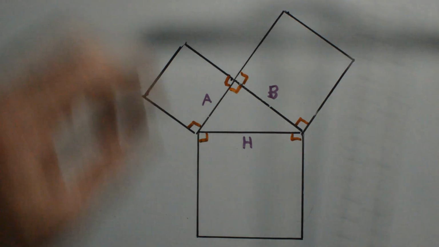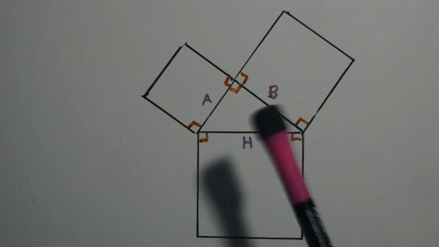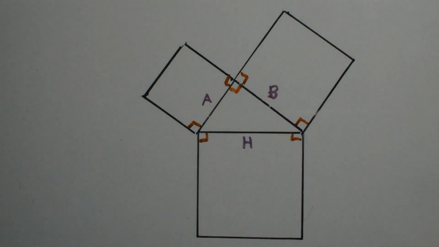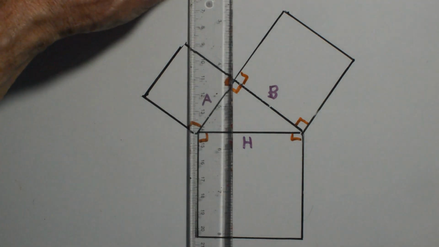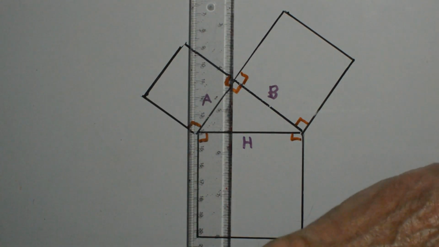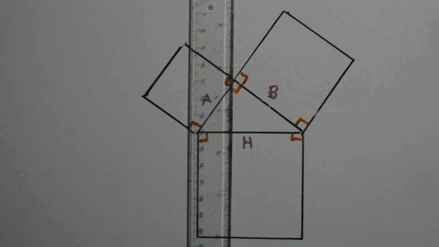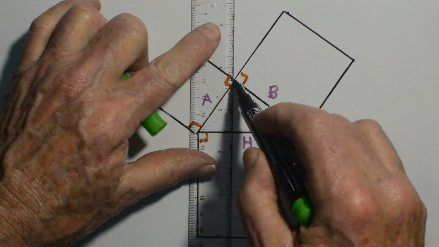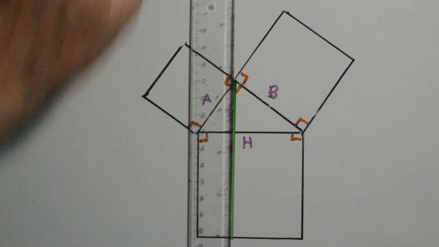So now what we'll do, you'll notice there are right angles here, here, here, here, here, here, and here. So what we're going to do now is we're going to draw a line from right here straight down.